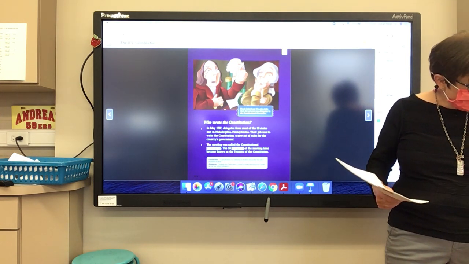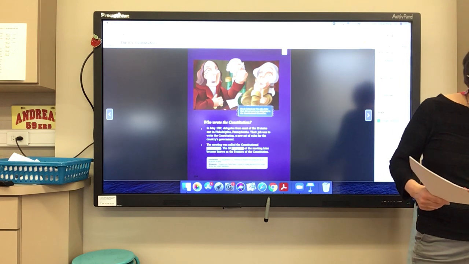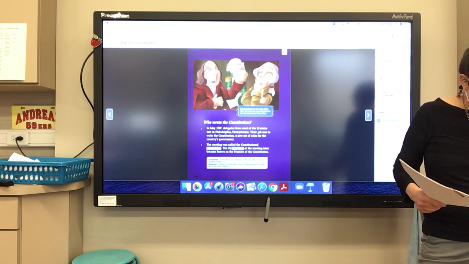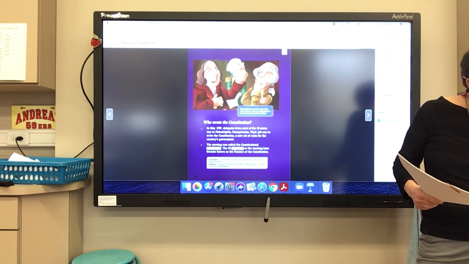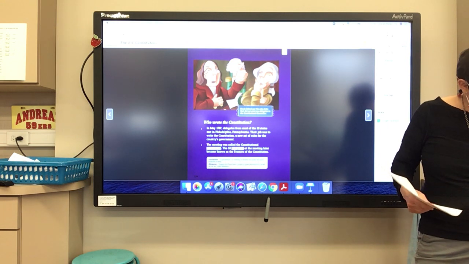The 55 delegates at the meeting later became known as the framers of the Constitution. Rhode Island was the only state that did not send any delegates to the Constitutional Convention. Convention. A convention is a meeting of people who share the same purpose or ideas. Delegates. People who have been chosen to make decisions for a larger group are called delegates.